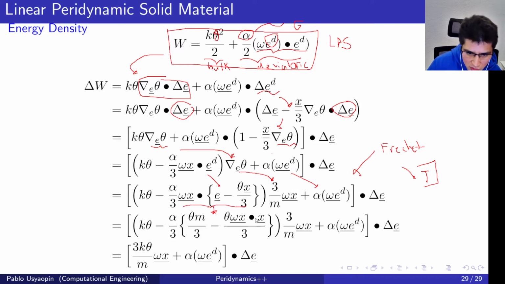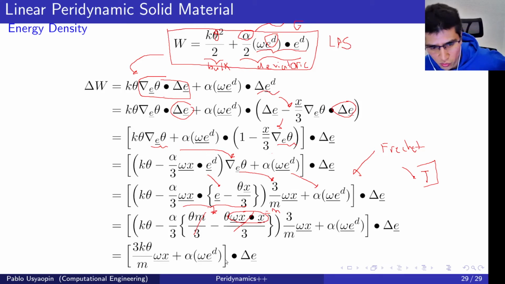The important thing here is that omega x dot x is defined as m, the weighted volume, which is exactly the same as this one here, and that's why all this term ends up canceling, and you end up only with this final expression here, which is the definition of the force state for the linear peridynamic solid.